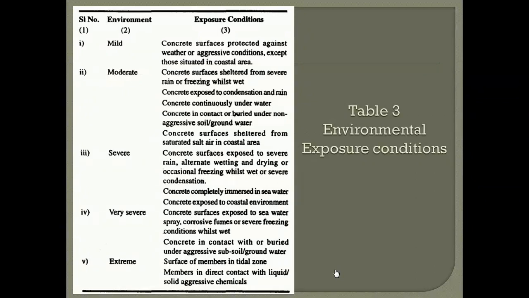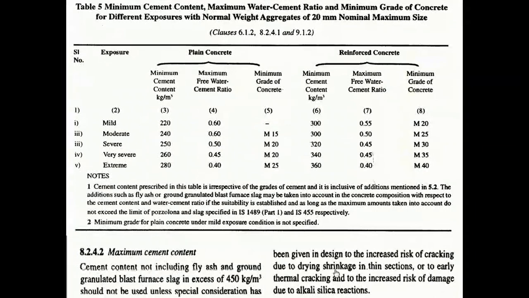Why do we have to do this? Because the IS code specifies requirements accordingly. For example, if you are doing construction in Mangalore and you take severe, then for severe condition there are two types, plain concrete and reinforced concrete. Usually we go for reinforced concrete.